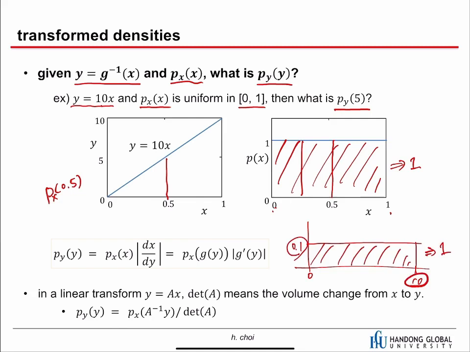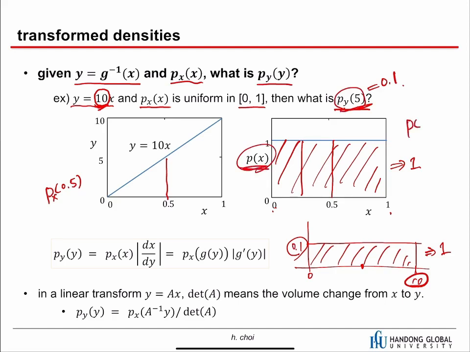Then what can we see from this simple example? If we have 10 here, then p of y at 5 is 0.1. You see that? From x to y, we multiply by 10. Then from p of x to p of y, we divide by 10.